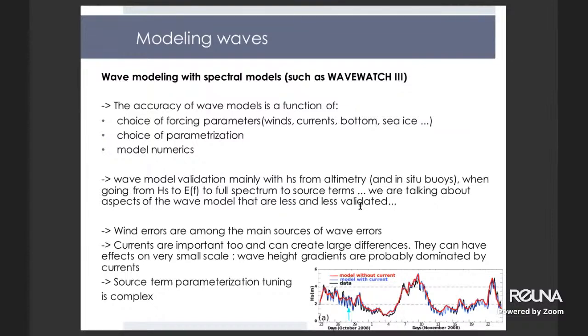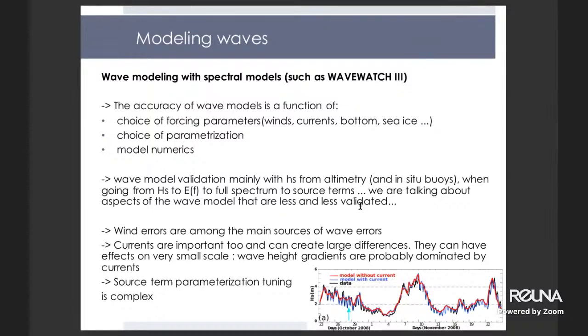But there is something to remember: wave models are very well parameterized to provide good HS, but when going to the frequency spectrum or even the full 2D spectrum or source terms, there we are talking about aspects that are clearly less validated.